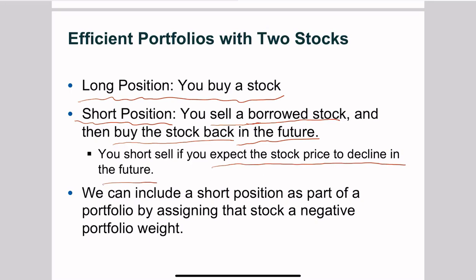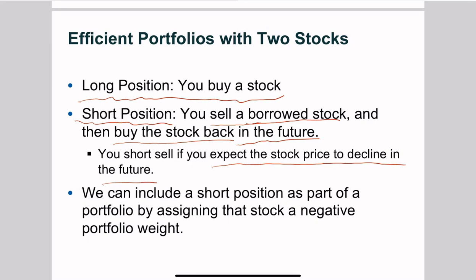For example, if today's Apple stock price is $400, and I expect in 1 month Apple's stock price will decline to $300, how do I take advantage of this stock decline? How could I earn money?